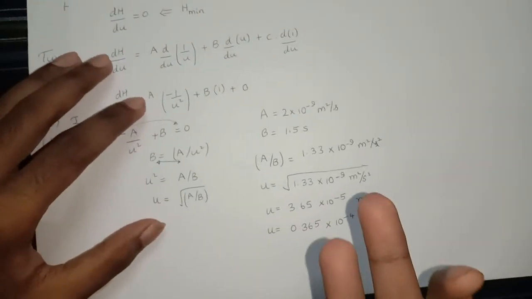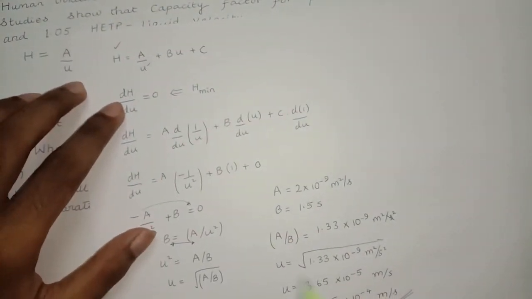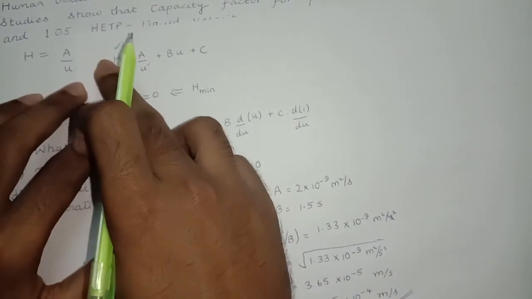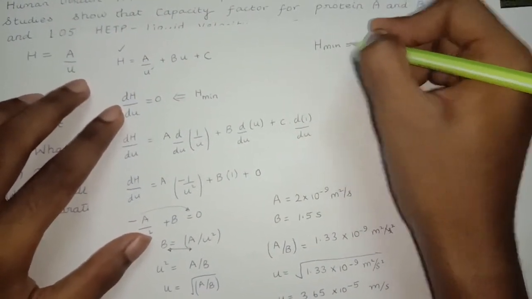So what is the exact H minimum that we will obtain? Substitute this value in the equation, so we will get H minimum at this u.